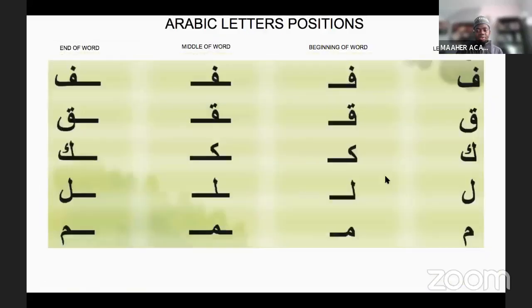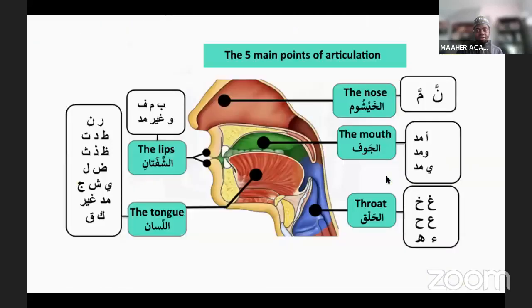Okay, you see this beautiful image I put here, right? Here we go. So the letters of the Quran, there are 29 of them. So put it down whenever you're in the class: 29 letters of the Quran.